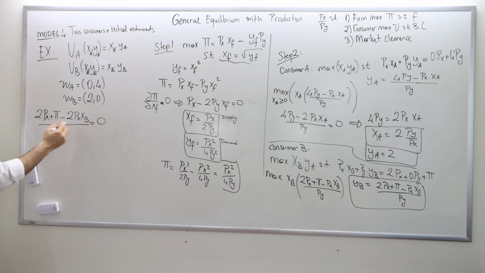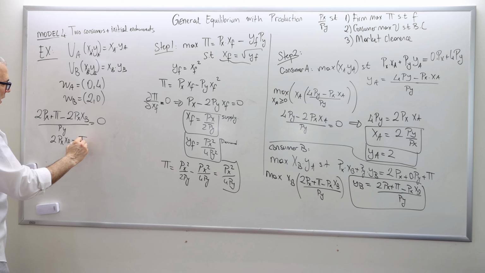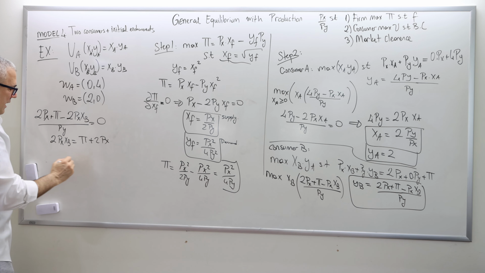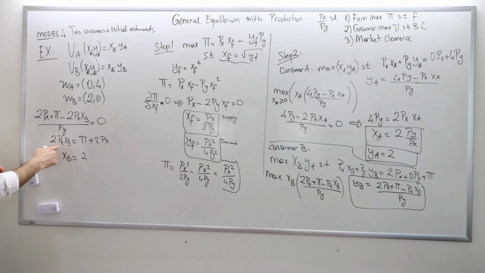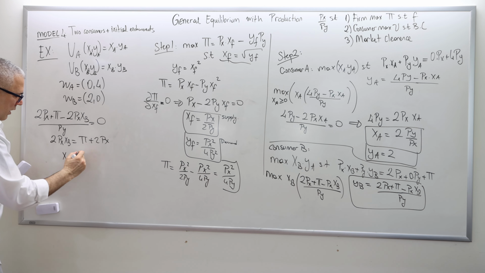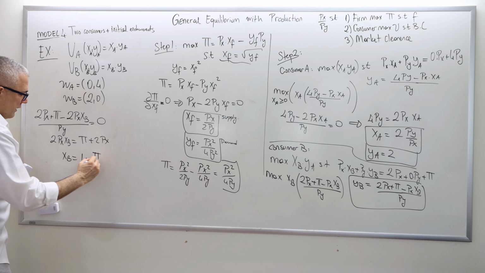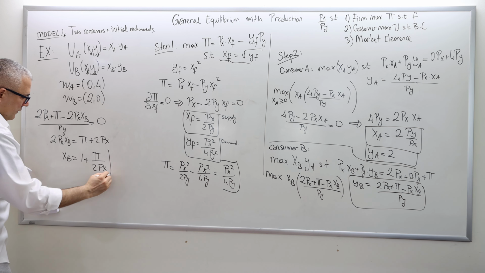So therefore, send everything to the right: 2PX XB equals pi plus 2PX, and hence XB equals, dividing both sides by 2PX, 1 plus pi divided by 2PX.